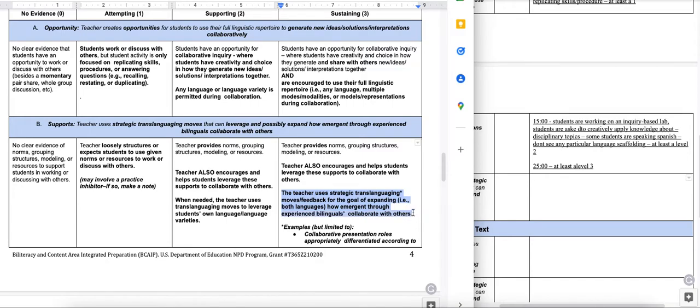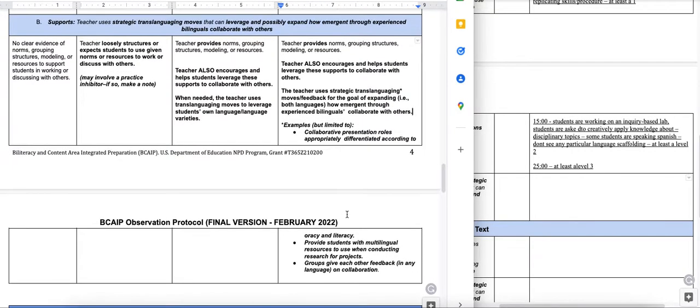So again, here's this focus on those ambidextrous players, those multilingual students. The teacher is really making opportunities and taking advantage of opportunities to expand multilingual students' literacies in their multiple languages.